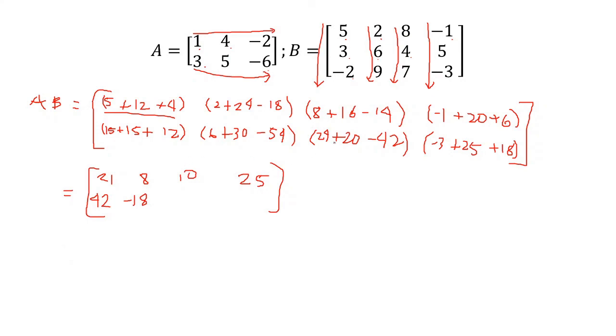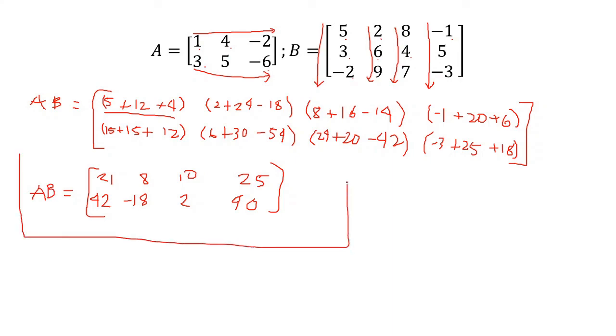Then 24 plus 20 is 44, minus 42 is 2. This is negative 40. So AB is equal to this.